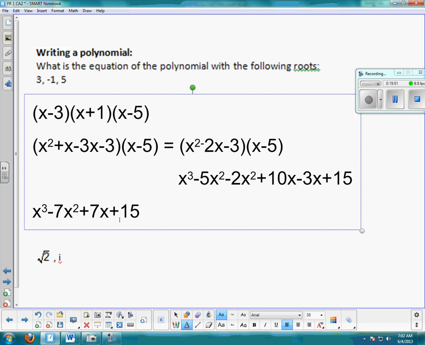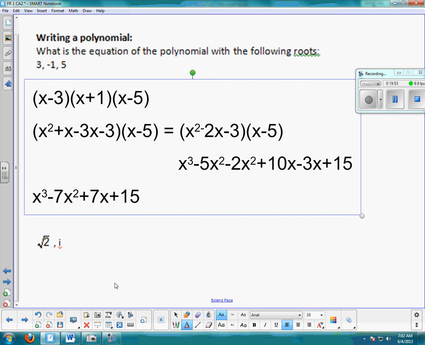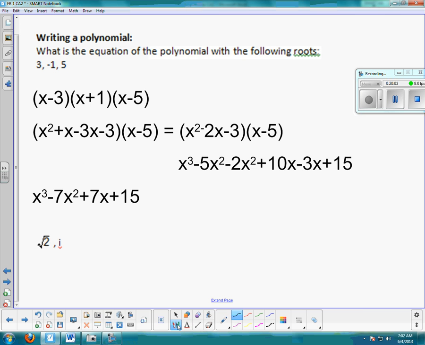When you go ahead and do the next one, root 2 and i, don't forget that when you write out your roots here, one of them is going to be x plus root 2. But because of the irrational root theorem, x minus root 2 is also a root.